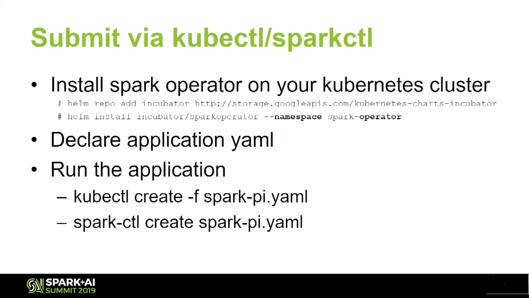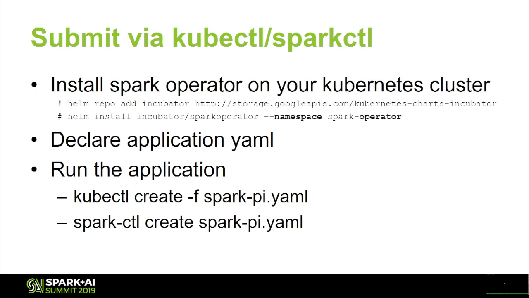You can install the Spark operator using just one command like the one I listed here, and then you will need to declare a YAML to specify how you will run the Spark application, including the driver resource quota, the Docker image you will use, the executor resource quota, etc.